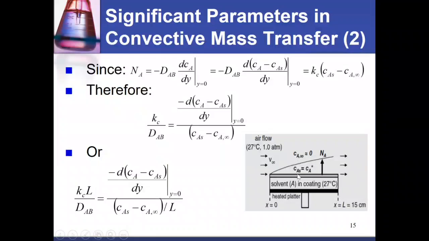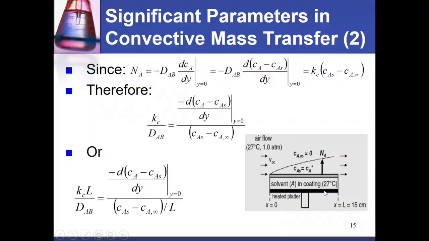So it means that CAS is constant. If you have CAS constant at the surface, it means that you have no accumulation. There is negative accumulation inside, but on this line between the two phases, the gas and the liquid phase inside the coating, it is steady state. Once the molecules of A reach the interface, they will transfer, they will not stay here. So there's no accumulation for A at the borderline.